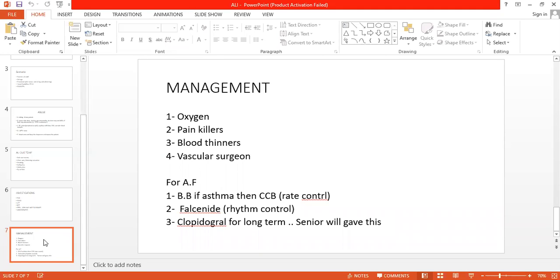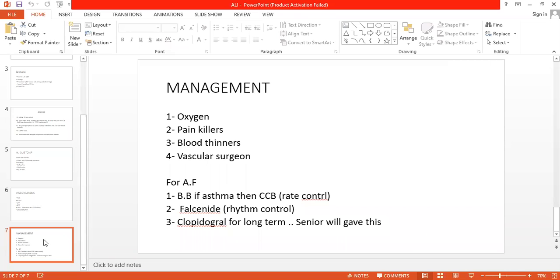If you give oxygen right there and then, the examiner might think that, oh, he already knows the diagnosis. You have to give the oxygen once you have established your diagnosis. So you will give the oxygen definitely to prevent hypoxic injury, even if it's 95 or 96. Just give 15 liters of oxygen per minute.